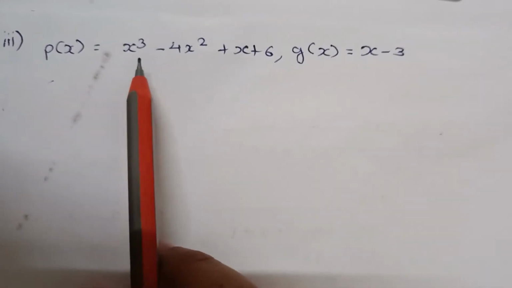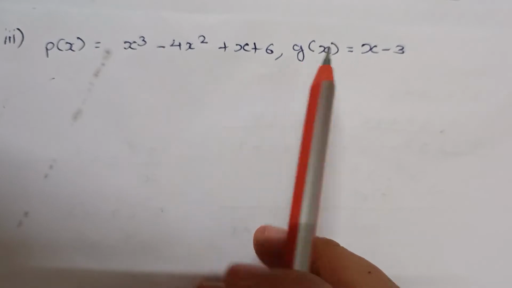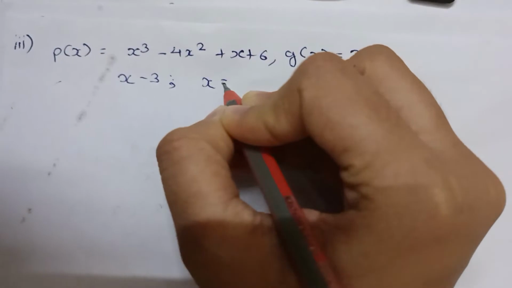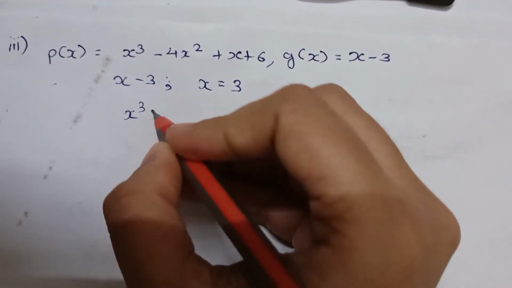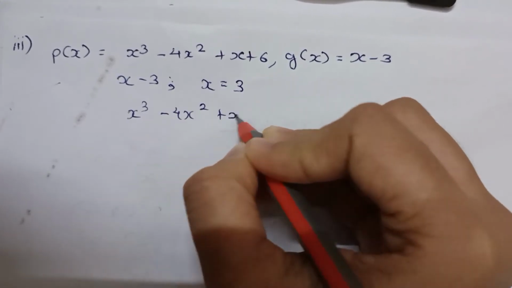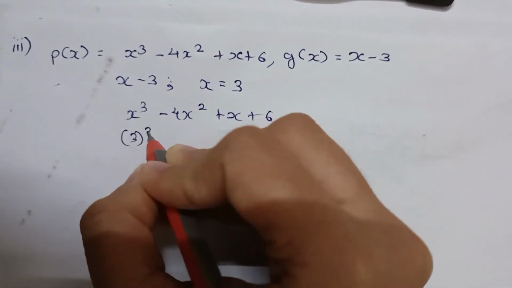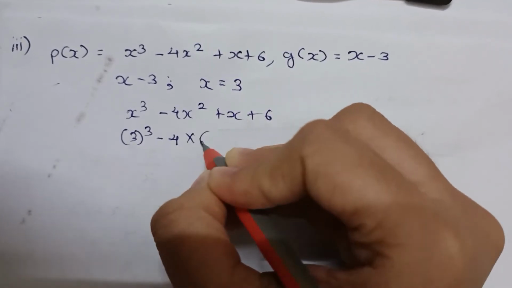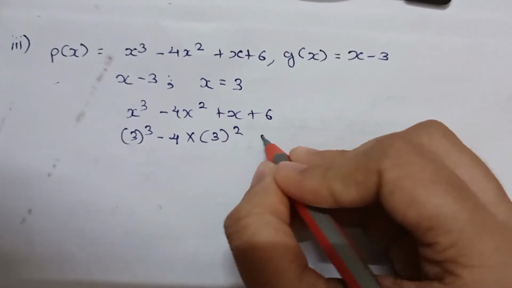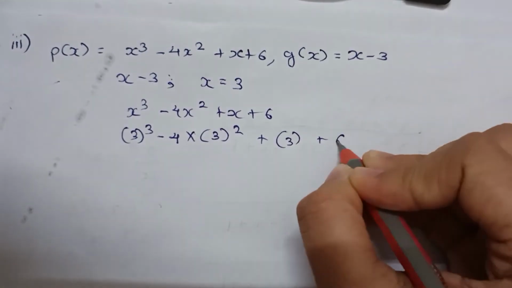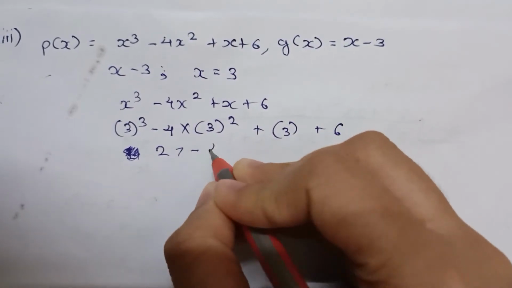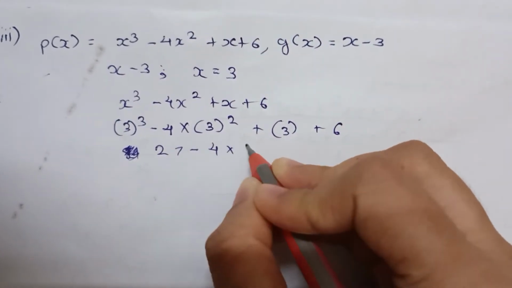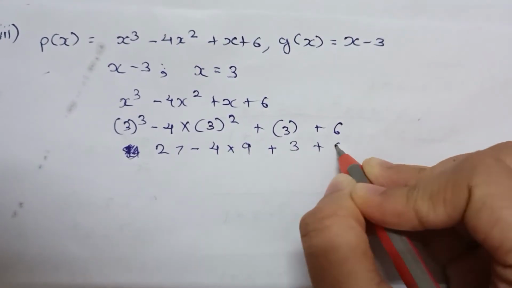Third, px is equal to x cube minus 4x square plus x plus 6. To find the value of x, we will take x minus 3, therefore x is equal to 3. Now we will substitute x, that is 3, in this expression: 3 raised to 3 minus 4 multiplied by 3 raised to square plus 3 plus 6. 3 3s are 9, 9 3s are 27, minus 4 into 3 3s are 9, plus 3 plus 6.